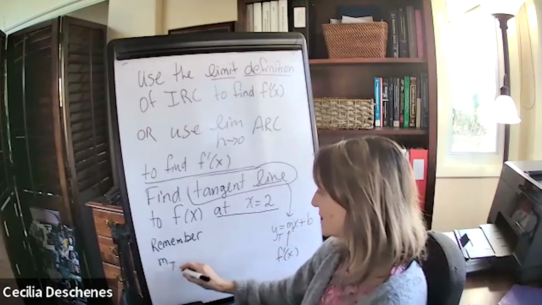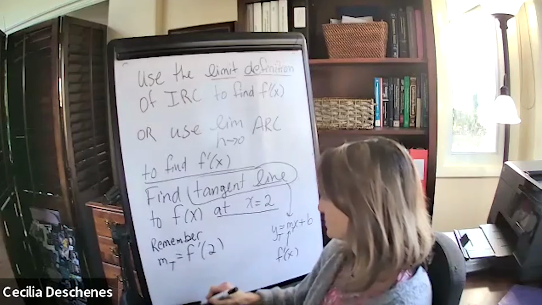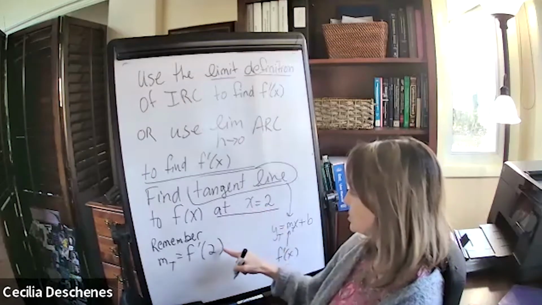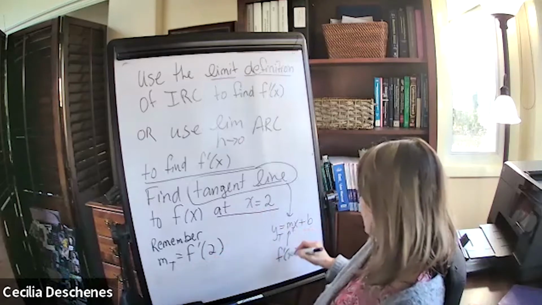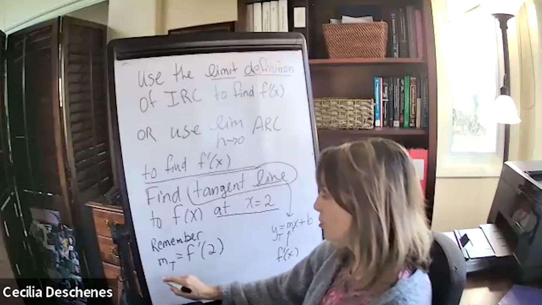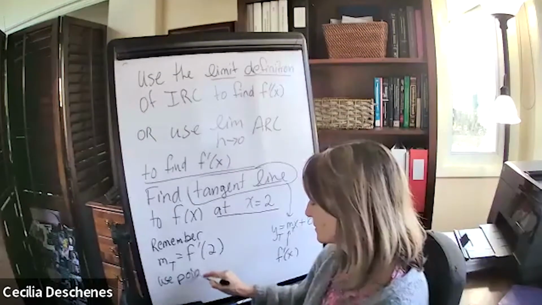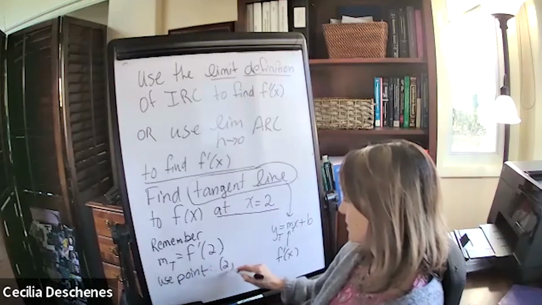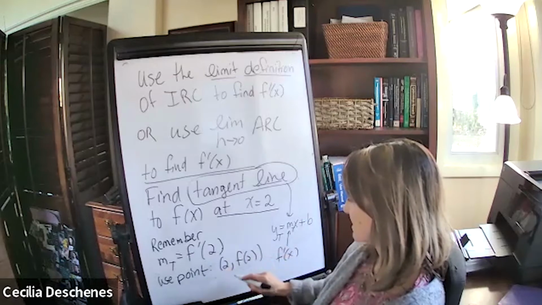The slope of the tangent line is the derivative at 2. So we want to find the derivative at x equals 2, and that will be the m sub T, and then use the point, which is 2, f of 2. So that's the x and the y.